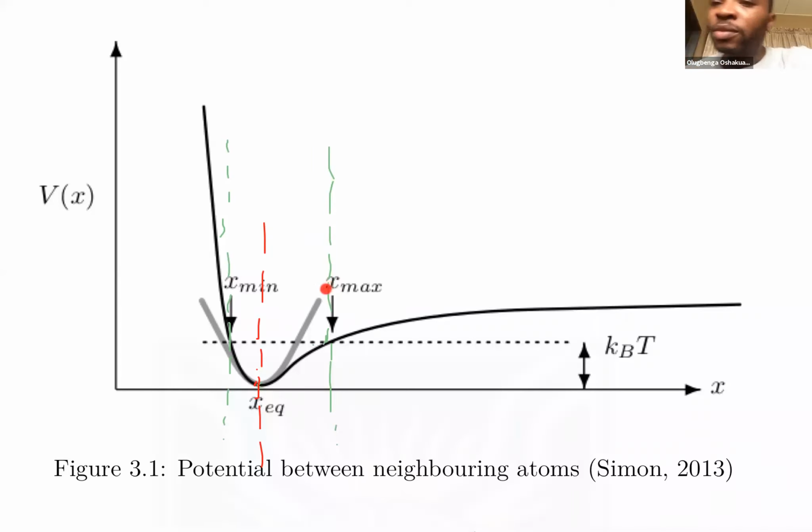For that reason, we can say that the average position would be greater than x equilibrium, because when it compresses a little below the mean position and expands greatly above the mean position, then we can say that the average position, as a result of increase in temperature, as a result of expansion, would be greater than x eq.